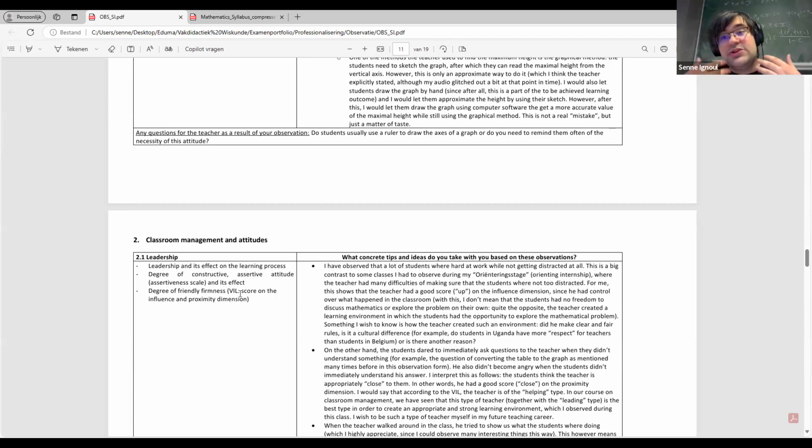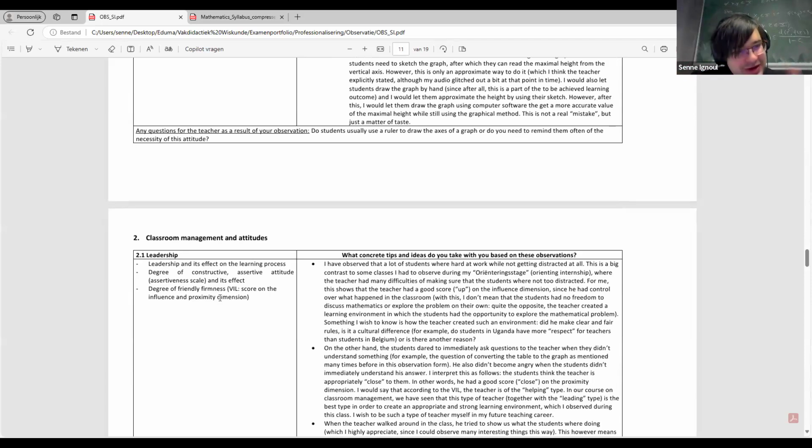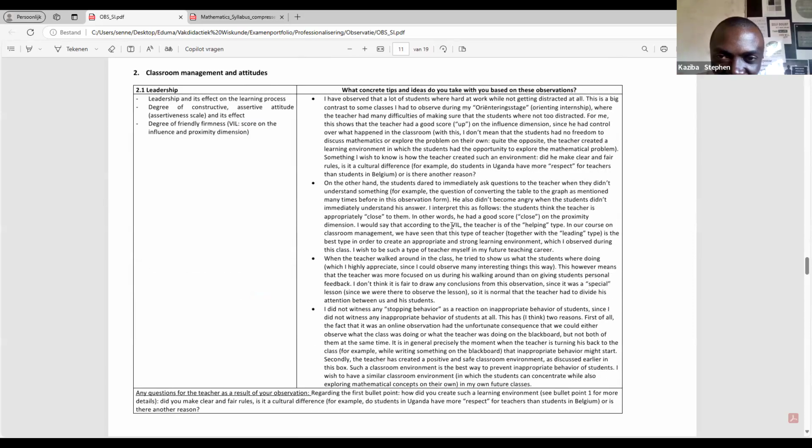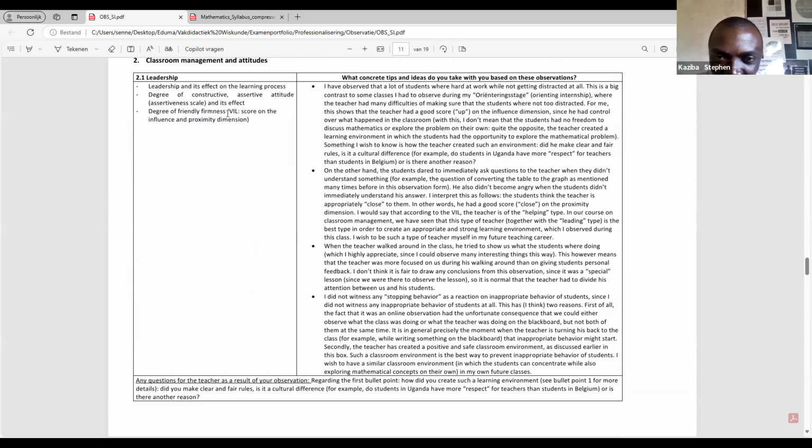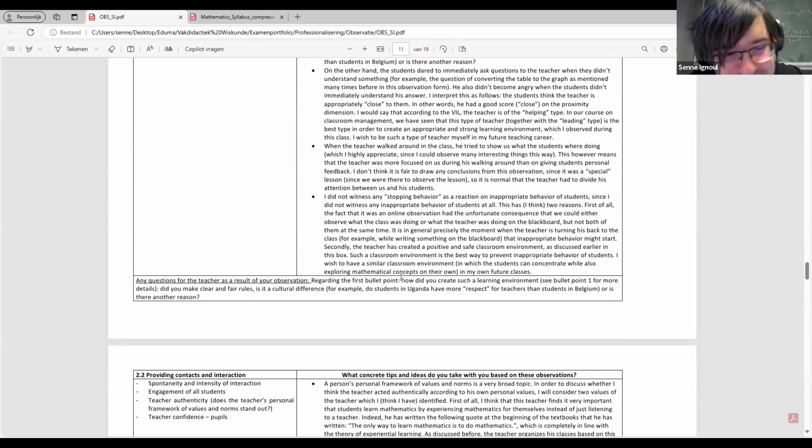So you still give students freedom and you still give them choices, but you decide that they will be working in groups, things like that. And if you're both emotionally proximate and close to your students, so that they feel safe around you, and you determine what happens, then that means that you're a good teacher on classroom management basis. So not didactics, but classroom management. So that's what the VIL means. It's a questionnaire. I don't know why they did not translate it, but yes, that's what it means.